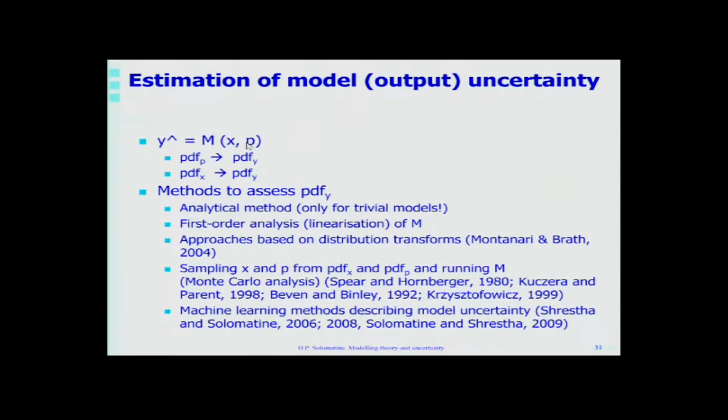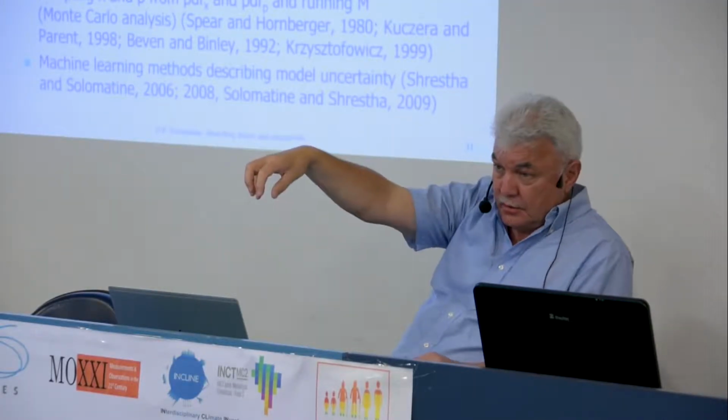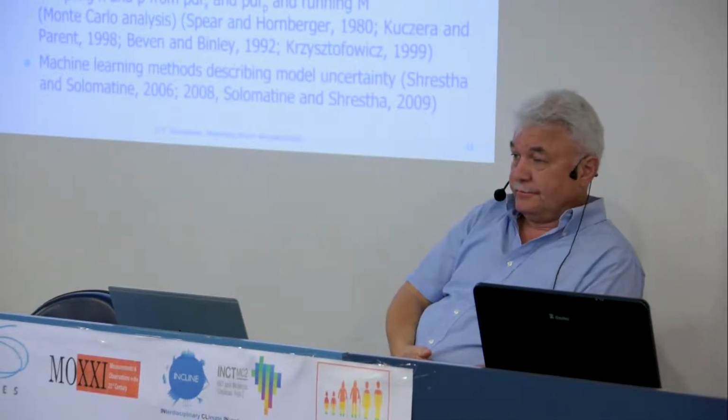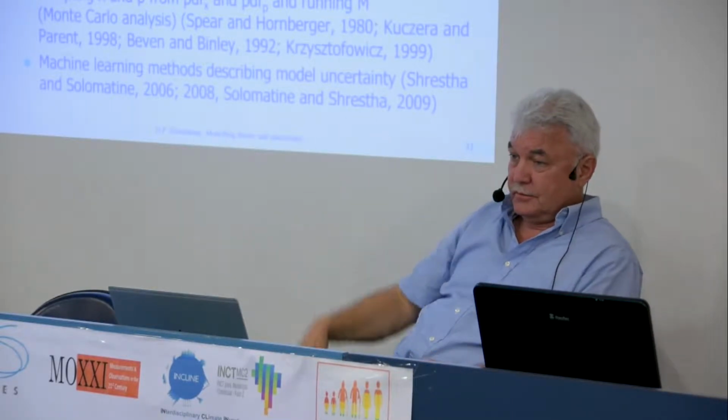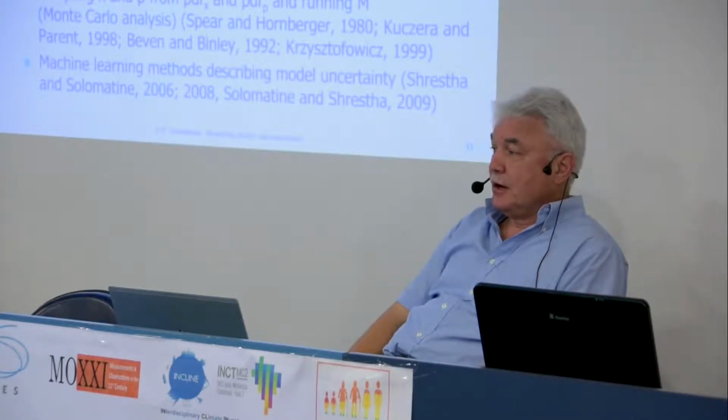Can you just put PDF instead of P into the model and calculate the output PDF? PDF is a function. Can you put a function instead of a number and calculate the output PDF?